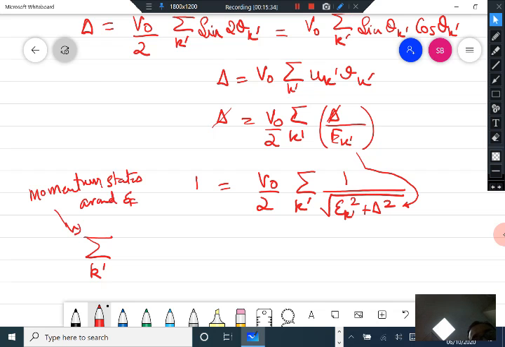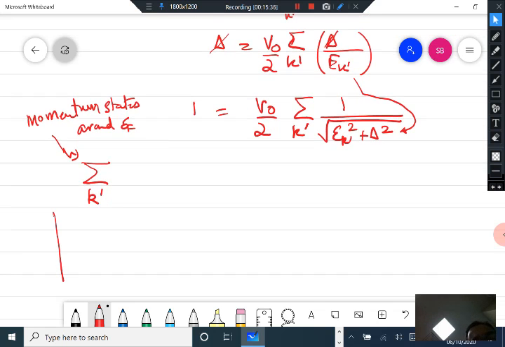If the solid line is your Fermi energy, you are looking at all the states which are within h cross omega d of the Fermi energy. You are looking at only these states which are around the Fermi energy.